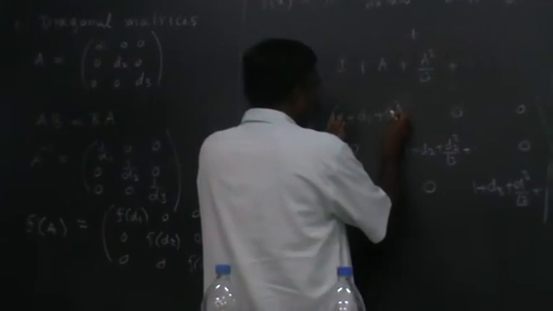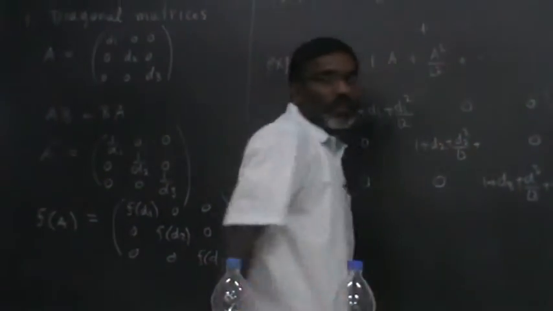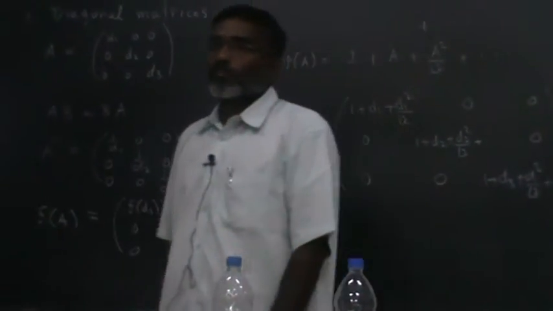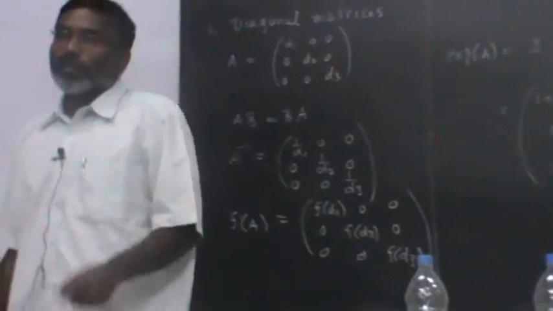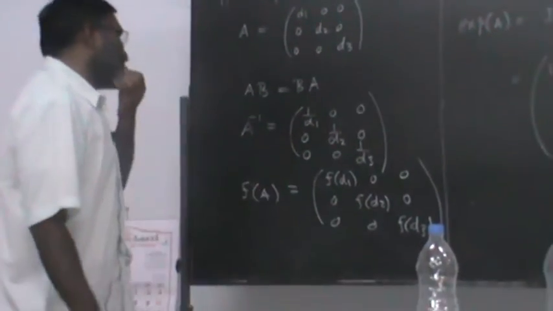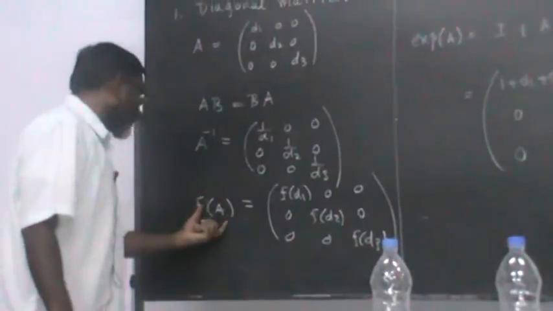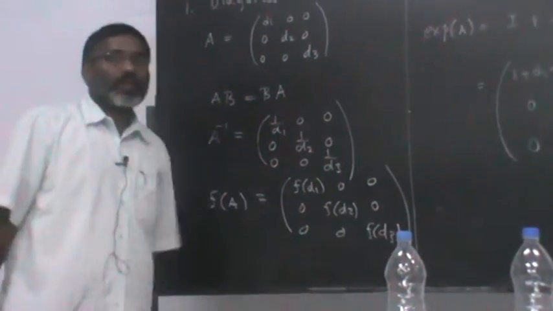So this becomes e to the D1, e to the D2, e to the D3. So this is a kind of proof that any function of A can always be written as a function of the diagonal elements.